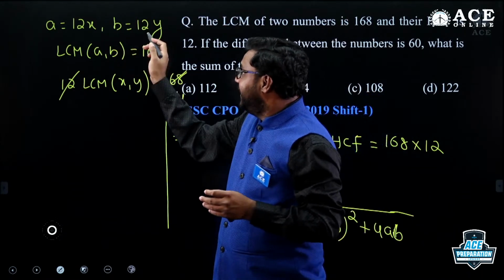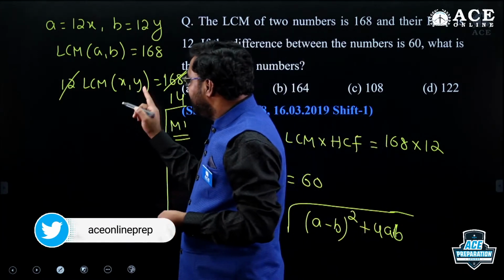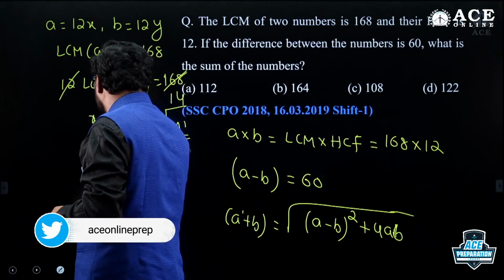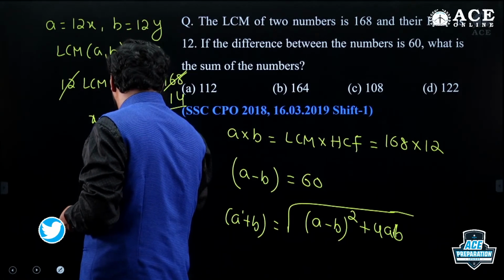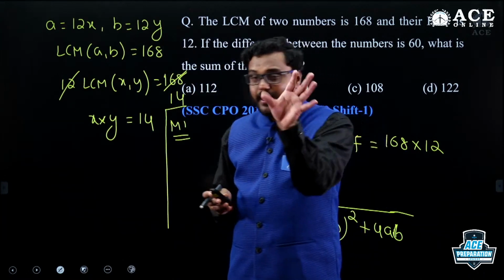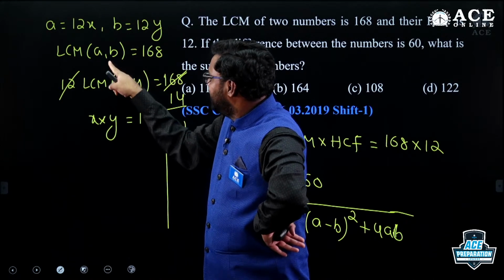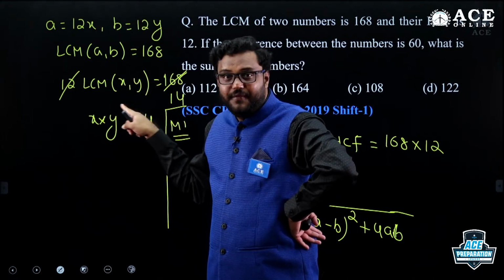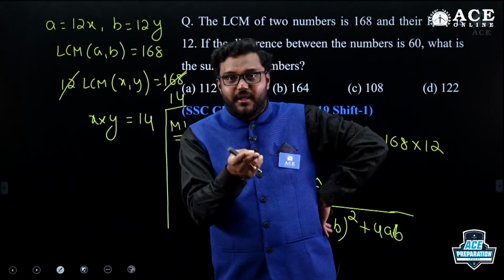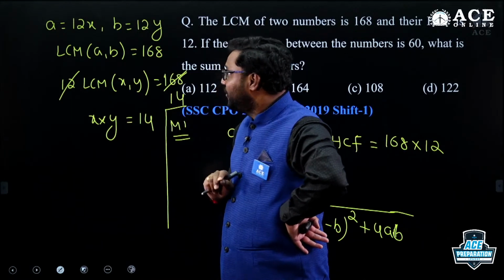For x and y there is no common factor, so LCM is definitely the product x into y. These two are co-primes. When you do LCM of A and B with common factor 12, you divide by 12, then what are the two numbers left over? When it is only two numbers, HCF for that is 1 for sure. This is nothing but x into y is 14.